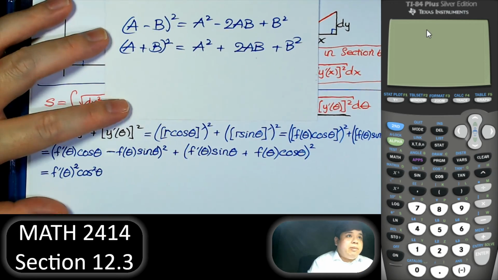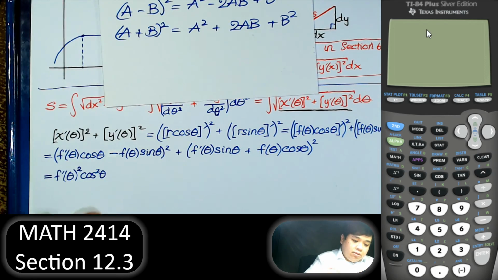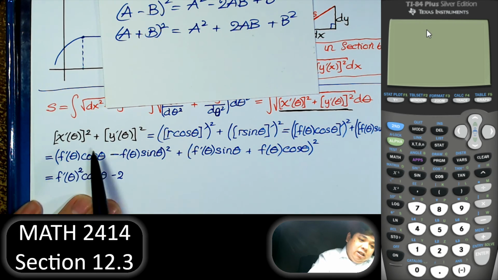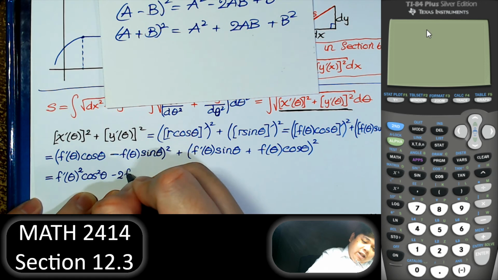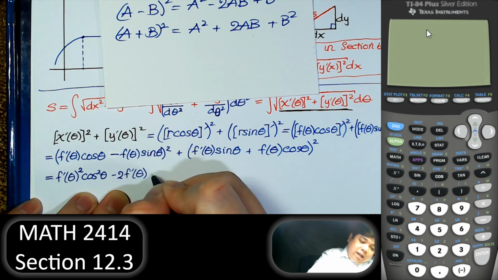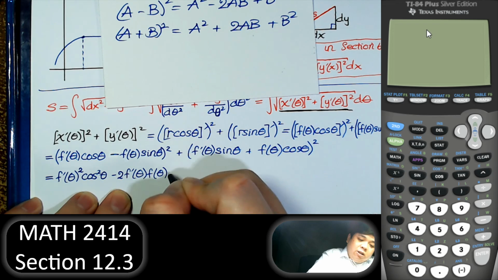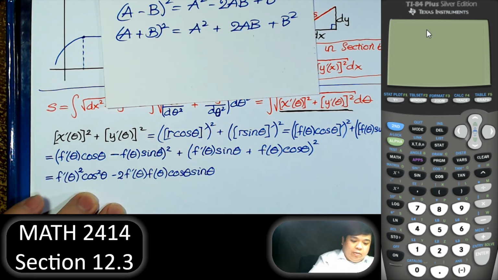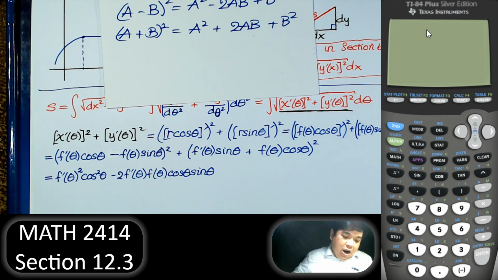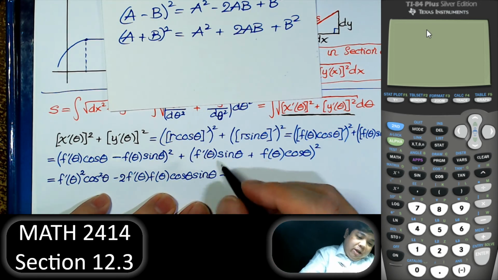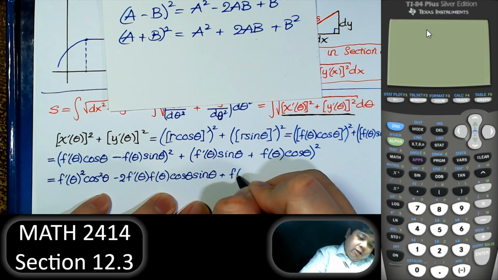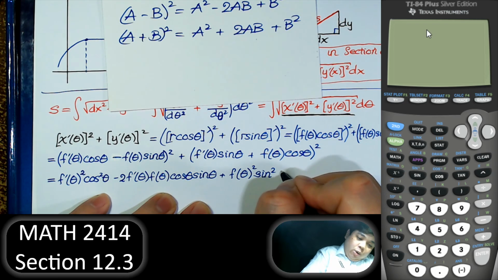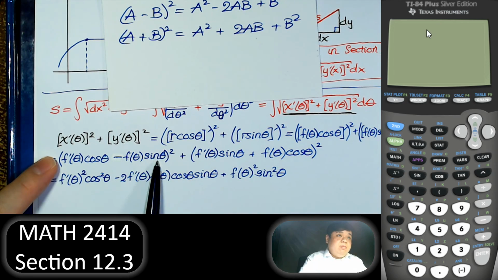Just want to use that. Minus 2ab, derivative times the function, cosine and sine, and plus b square, function square sine square. Right, so that's the first square.